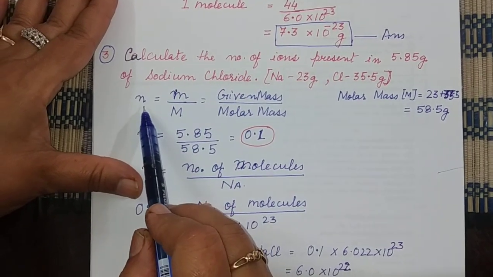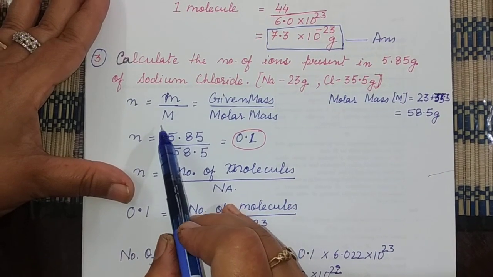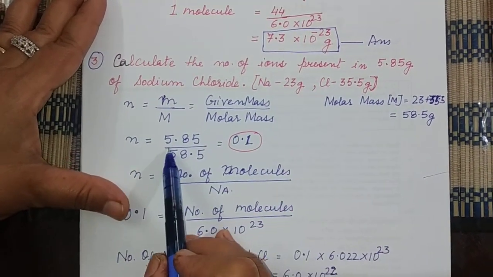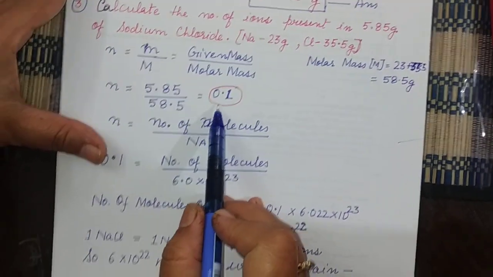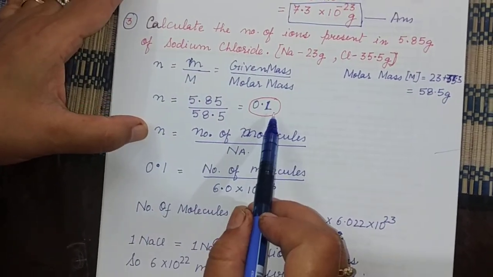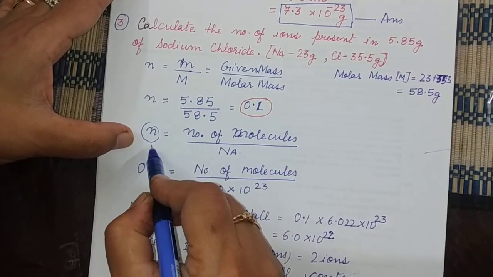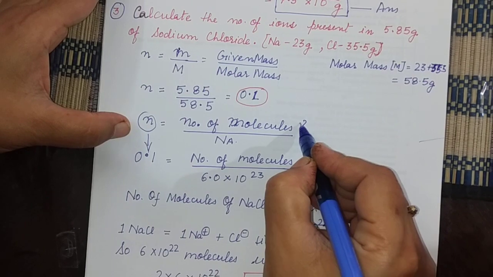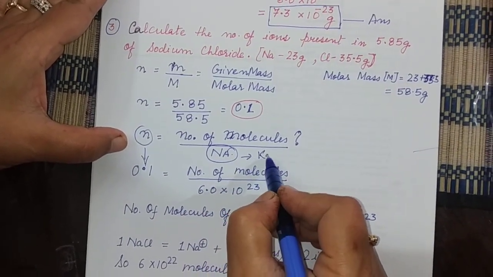Now we find out the number of moles present in 5.85 gram. So the number of moles is equal to the given mass divided by the molar mass. So 5.85 divided by 58.5, which comes out to be 0.1. So there are 0.1 moles. Now the number of molecules we have to find out. Avogadro's number is already known. It has a constant value.